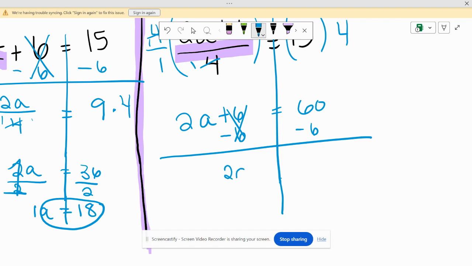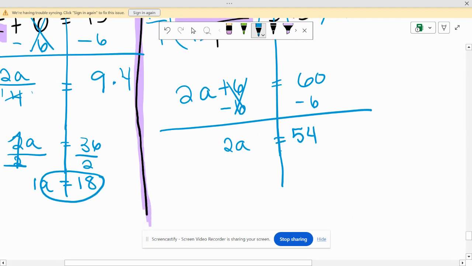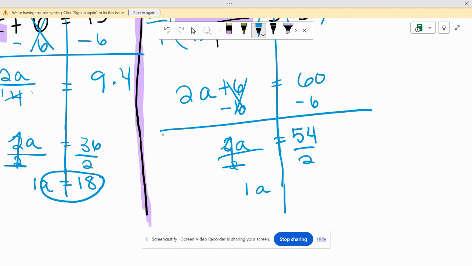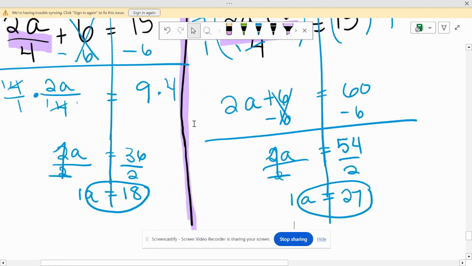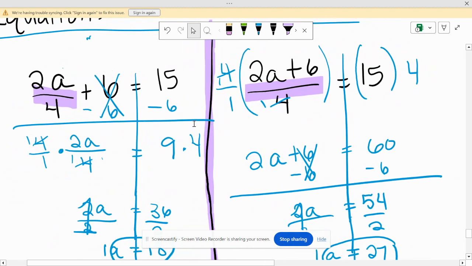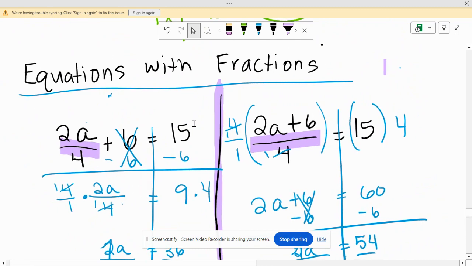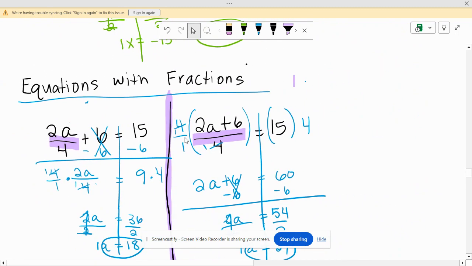So I have 2a equals 54. And now I'm going to divide each side by 2. I know that 2 divided by 2 is 1, so I'm left with 1a equals 27. So a equals 27. And with each of these, I can plug my answer back into the equation to check to see if it is correct.